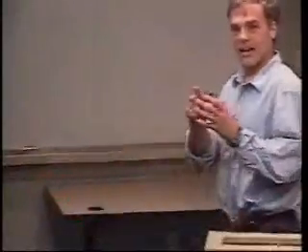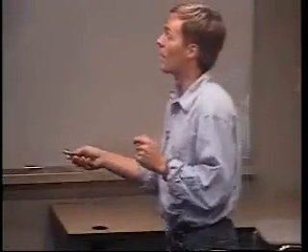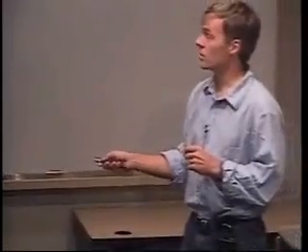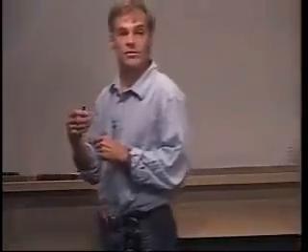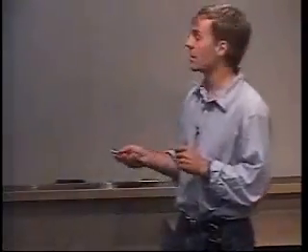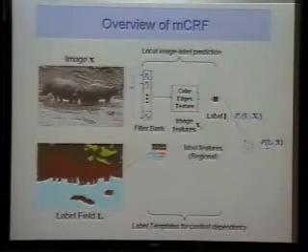The next level that I had was slightly more beyond the very local patch, but not the entire image, things we're going to call regional features. And here what we're going to do is learn patterns of regional features in the label field. So here's an example of a type of regional feature we might learn. One pattern that occurs frequently is that you'll have water pixels, blue, below ground pixels, brown.